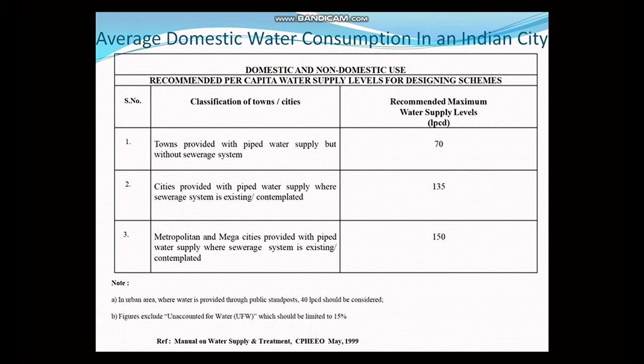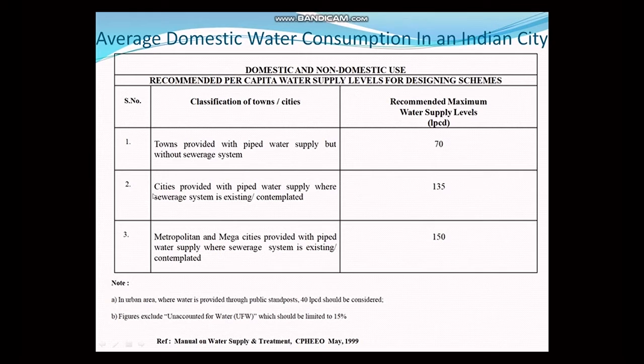The following table depicts the daily average domestic water consumption per head in an Indian city based on the type of city. The first type is towns provided with pipe water supply but without sewerage system, and for this case the recommended water supply is 70 LPCD.